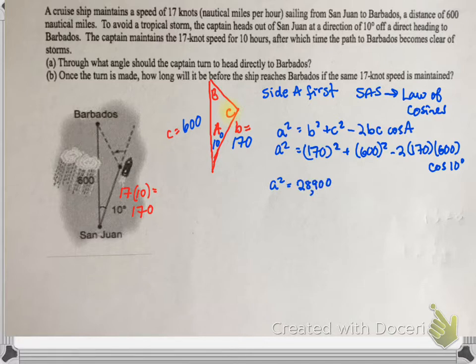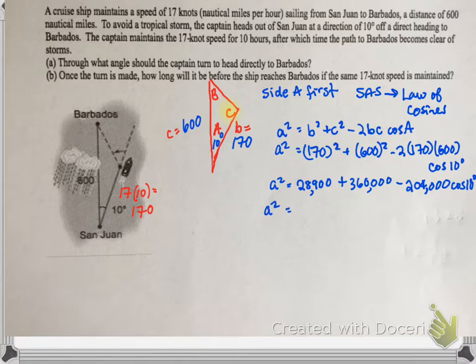Okay, A squared equals, if I square 170, I get 28,900, plus I square 600, I get 360,000, minus, if I take 2 times 170 times 600, I get 204,000 cosine of 10 degrees. Okay, moving on.